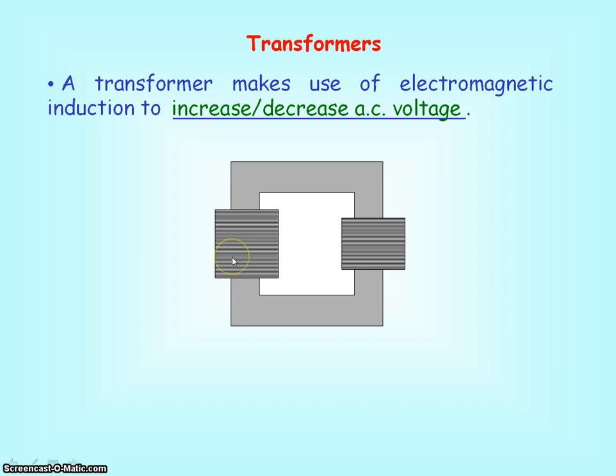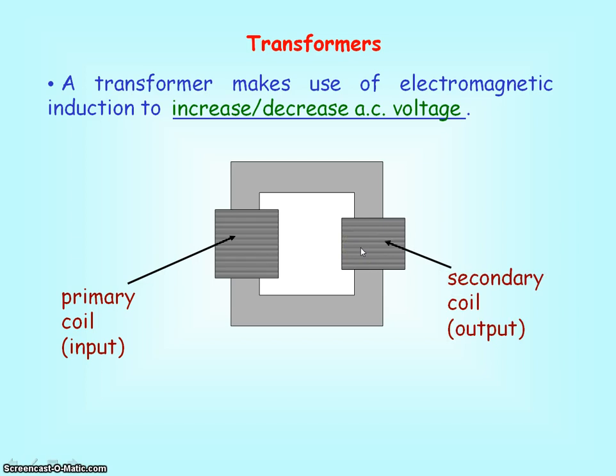It's got a primary coil, which is our input, the secondary coil, which is our output, and an iron core that links the primary and secondary coils.